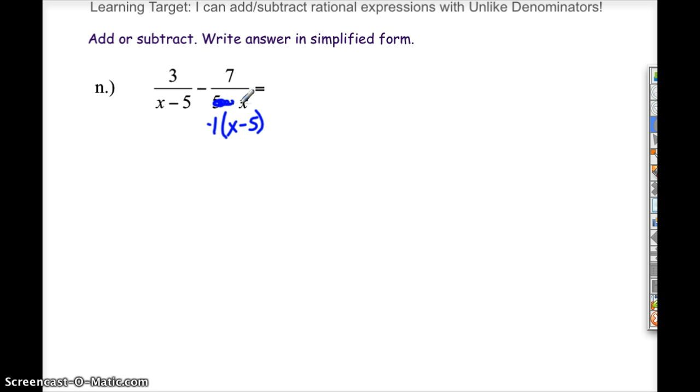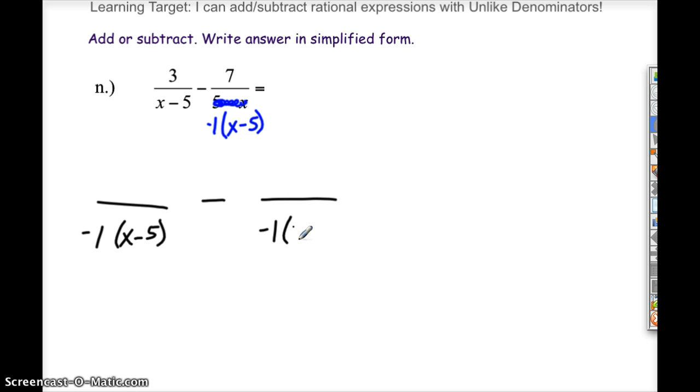Okay, so let me scribble that out, because here's what I want to look at. So now comparing the two fractions, they both have the married group x minus 5, but the second fraction has that extra -1. So the first fraction, it's stuck with the x minus 5, but it needs to gain -1.